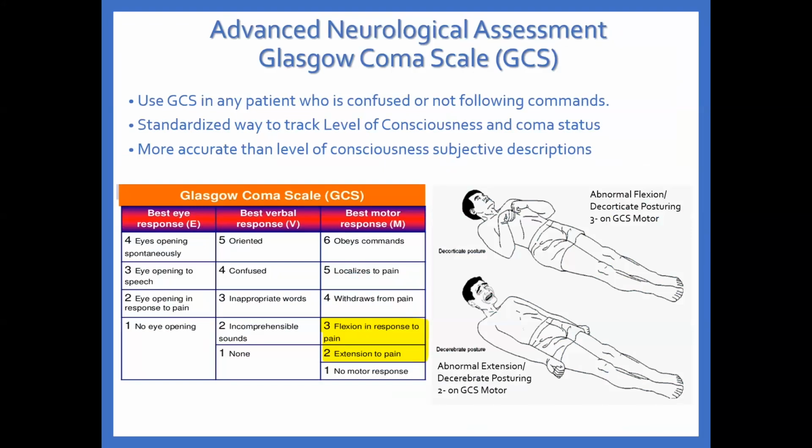Because what are they going to do to remove the pain source? They're going to pull their hand away. You don't know if that was localizing to pain or if it was withdrawing from pain. It doesn't tell you. Both are the same. They got rid of the pain source, but that's why we don't use peripheral pain as a source. Usually the pain is something sternal, clavicle, pinching, something cervical or central, so that we can see if they try to remove it.